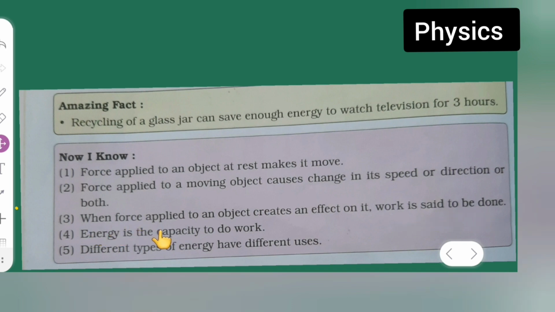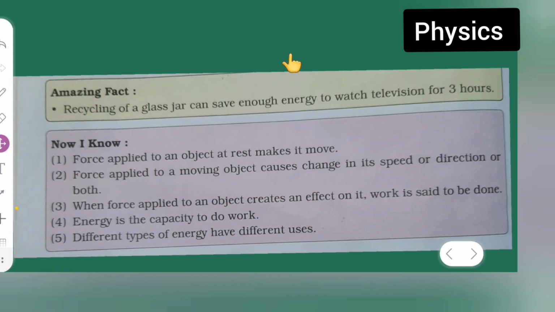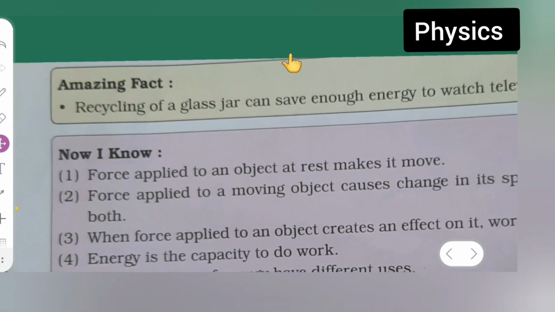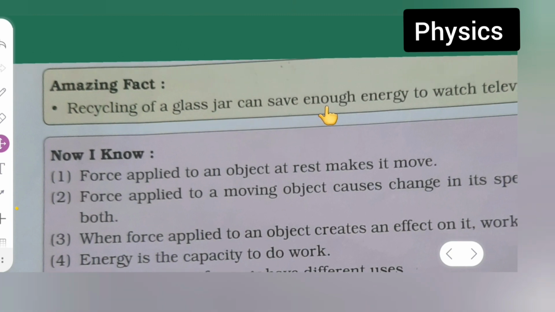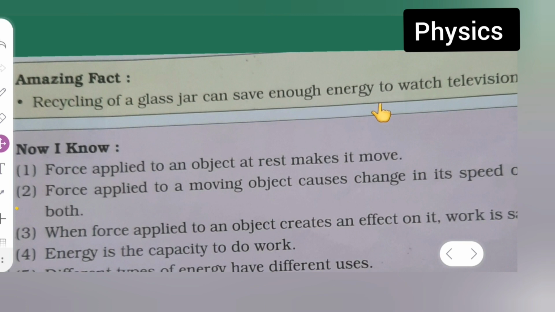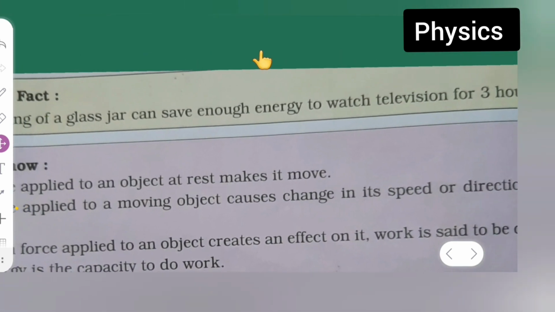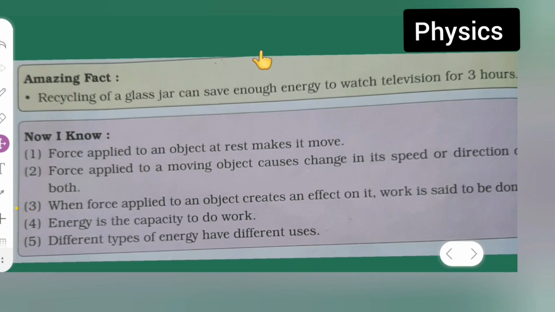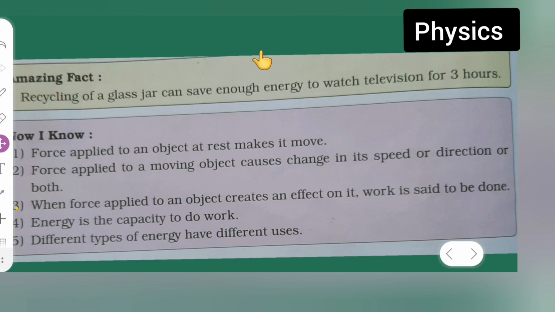Fourth point is energy is the capacity to do work. Fifth is different types of energy have different uses. Okay, so I hope you all can see this. I'll zoom it for you all. Okay, so what it is, recycling of glass jar can save enough energy to watch television for 3 hours, right? I hope you all can see this clearly. These points.